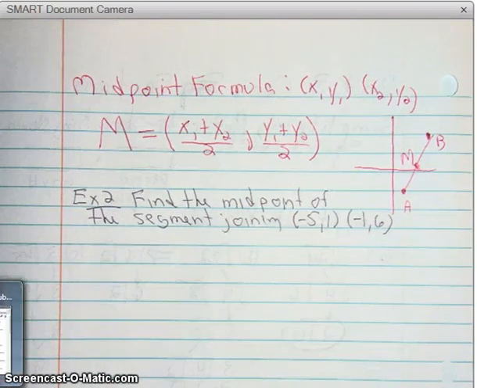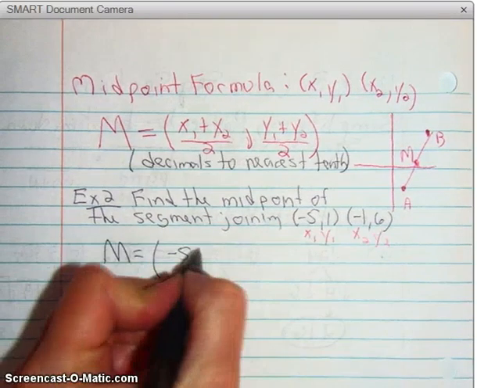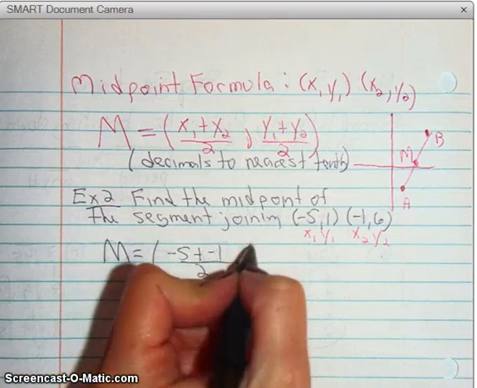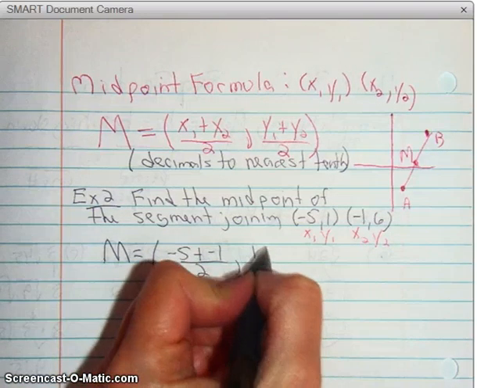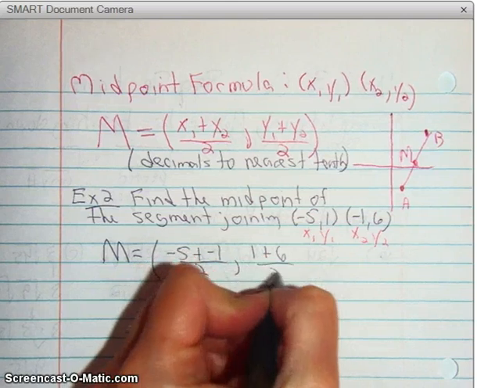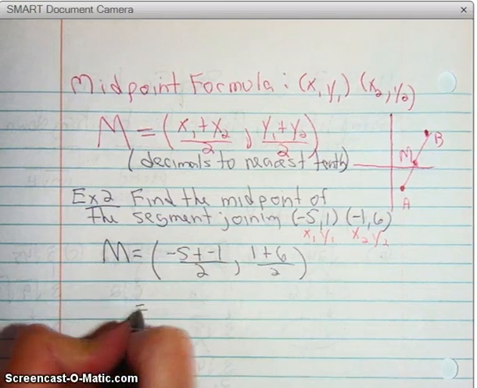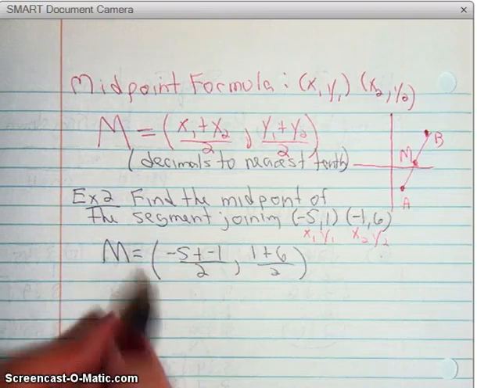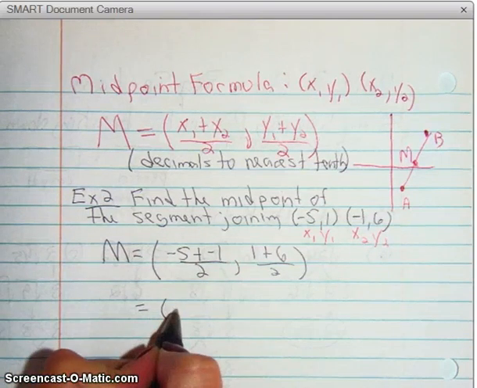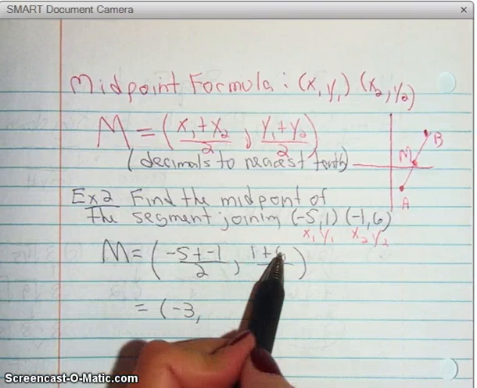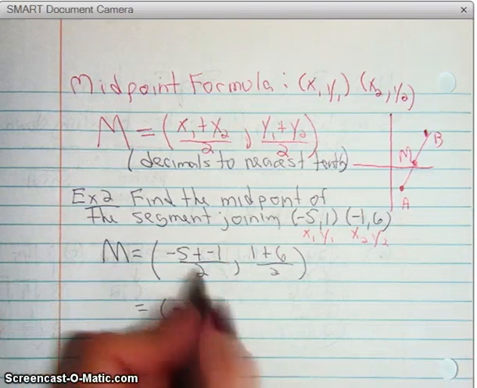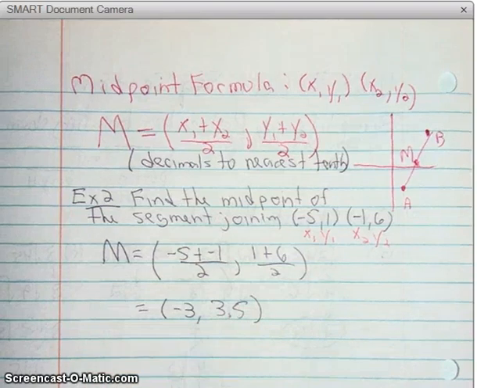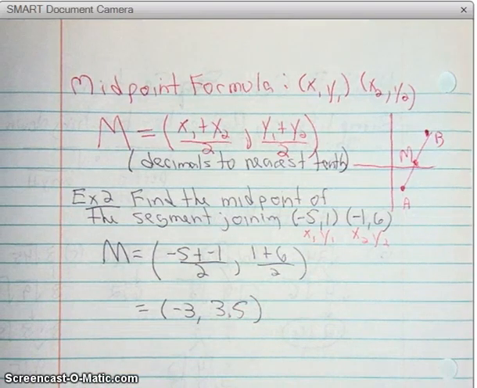Okay. Now, -5 plus -1, comma, then 1 plus 6. So -5 and a -1 is -6. Autumn, what's -6 divided by 2? -3. Good. And 1 plus 6 is 7. 7 divided by 2, gang, as a decimal? 3.5. All right. How's that for midpoint?